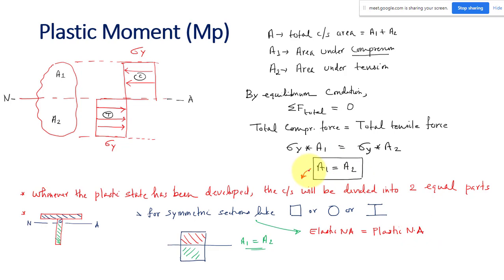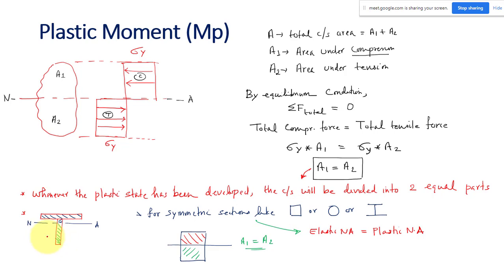For the plastic neutral axis you have to satisfy this condition, otherwise it will not be in equilibrium, because the stress is uniform, so the areas have to be the same. So the elastic and plastic neutral axis will be the same for a symmetric section like an I section, rectangular, square or circular section, etc.